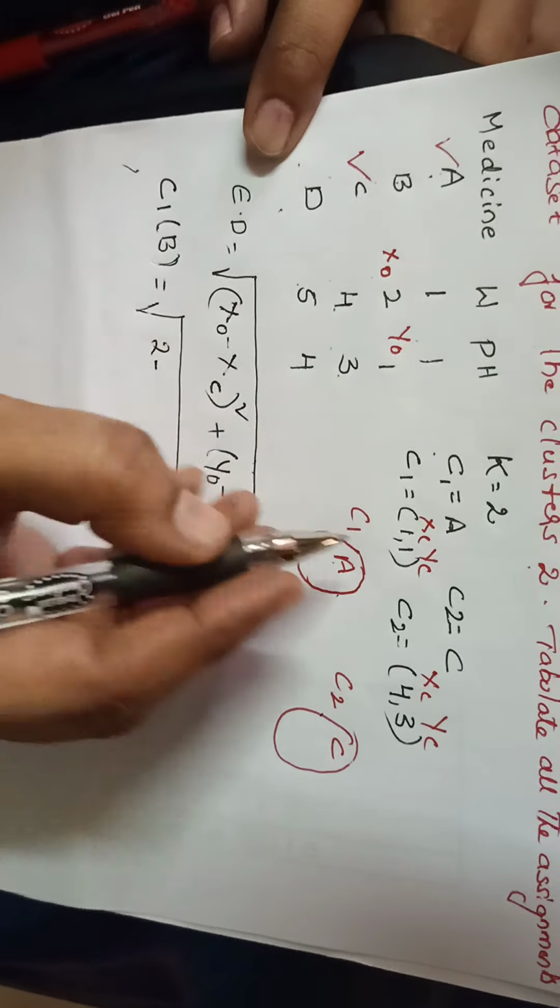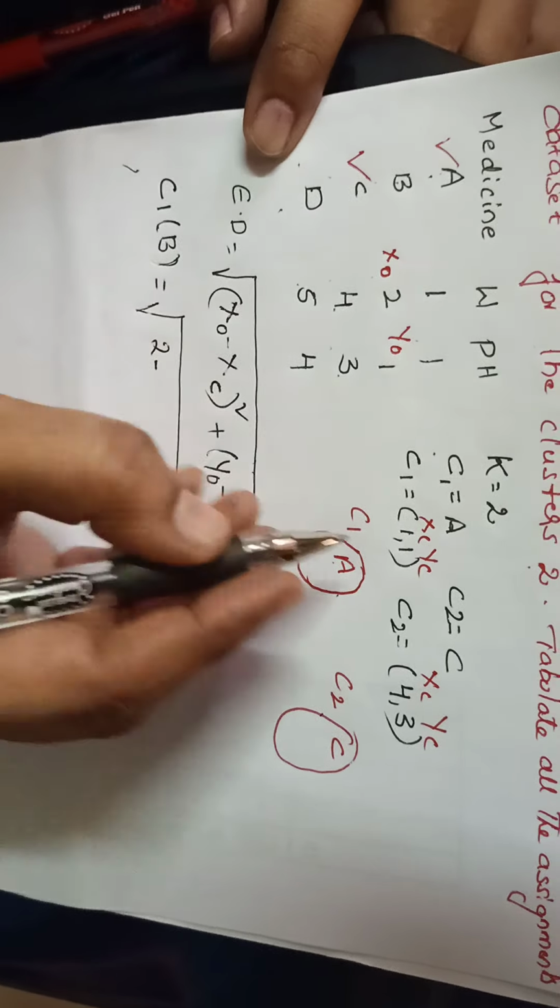The cluster 2 value of B. Again, for B we have to calculate the Euclidean distance with cluster 2.